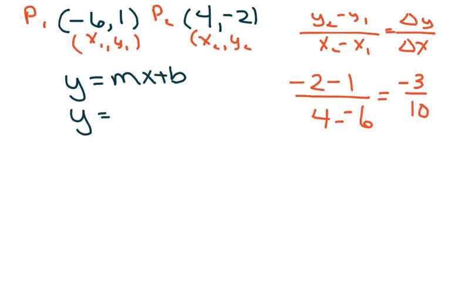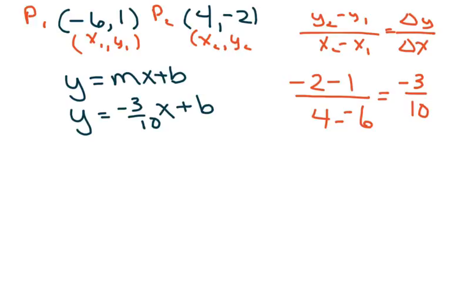So I have y equals negative 3/10 x plus b. Now I have to fill in my x and y, and this is what's going to be complicated because you have fractions here. So I wanted to do one hard one here because you might get that in class. You can either use point 1 or point 2. I'm going to go ahead and use point 2 just because my x is a little smaller.